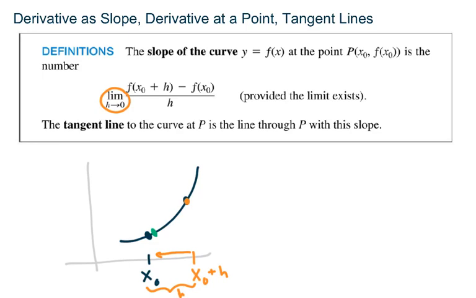Would you agree that if I drew a secant line through those 2 points, that would be pretty close to the tangent line at x sub 0? So the idea here is if I make that gap infinitely small to the point where those 2 points are basically the same point, then I'm going to find the slope of the tangent line.